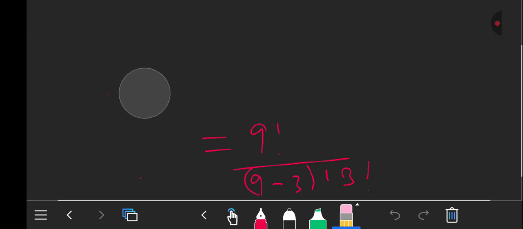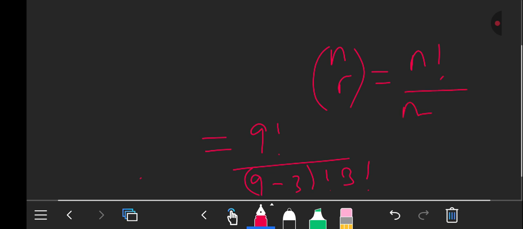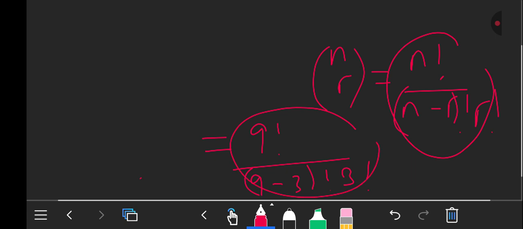You see that? Then we can apply the formula. We said n combination r is equal to n factorial over n minus r factorial r factorial. So if we compare, this is what we have there. So what does it imply?